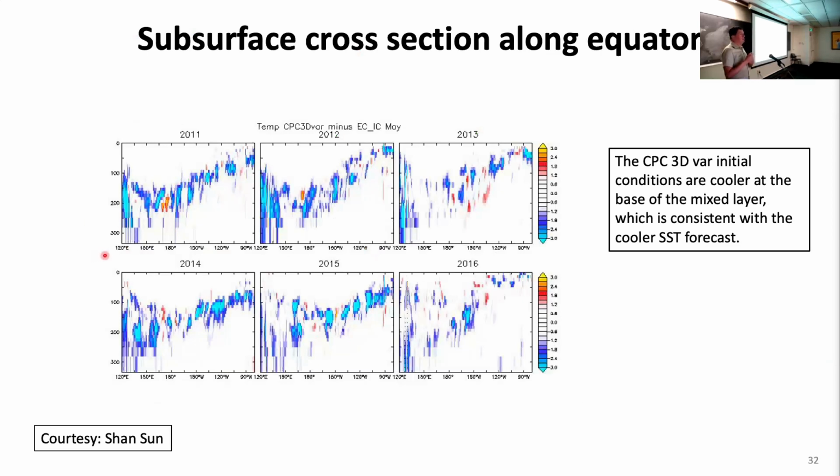And this is the difference just in the initial condition between the two versions of initial conditions. This shows that the CPC product, the one that ultimately is cooler, even though the sea surface temperatures are the same at the start, is cooler in the subsurface. And that information stays around for months. So we really need to be looking at what's going on below the surface.